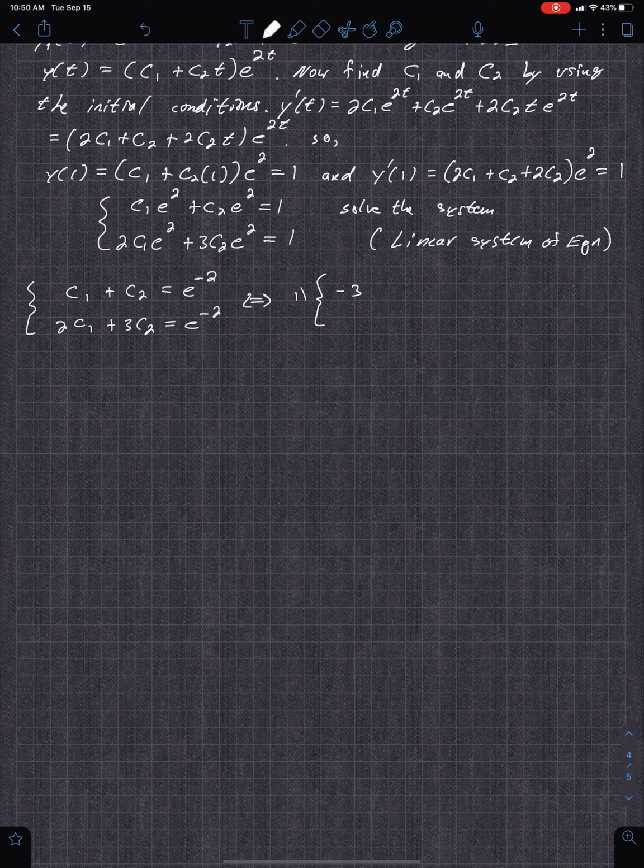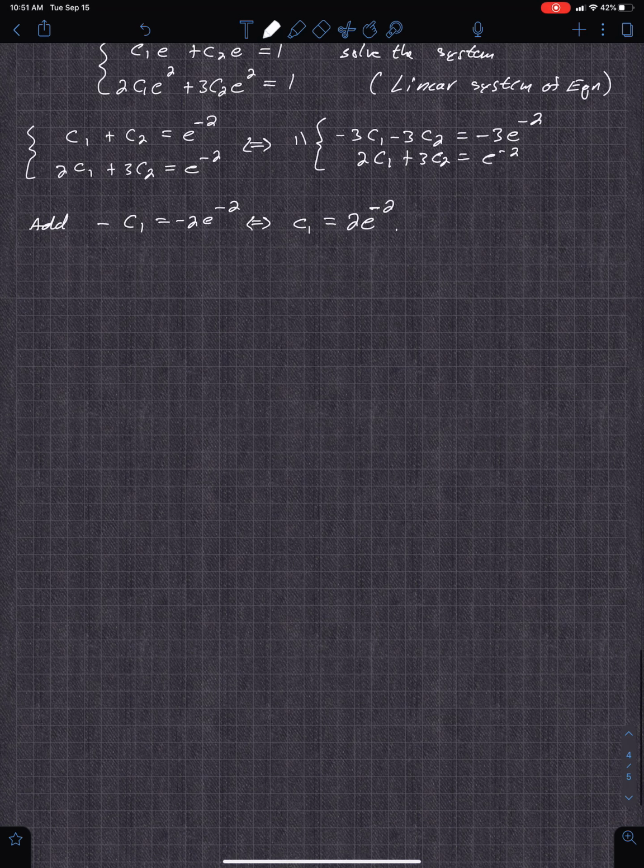So you get negative 3C1 minus 3C2 equal to negative 3e to the negative 2. And this is just 2C1 plus C2 equal to e to the negative 2. And then we add that up. And we have negative C1 equal to negative 2e to the negative 2. So then C1 is equal to 2e to the negative 2.